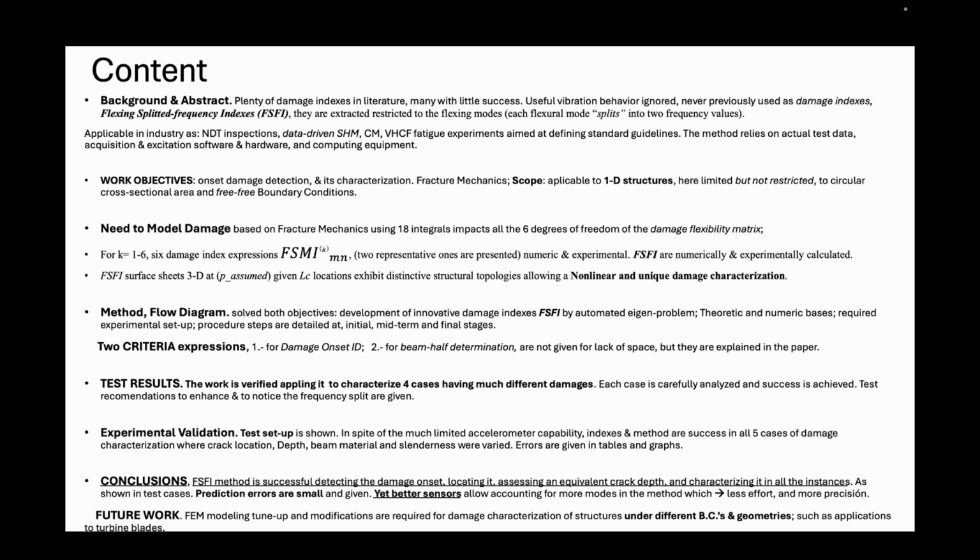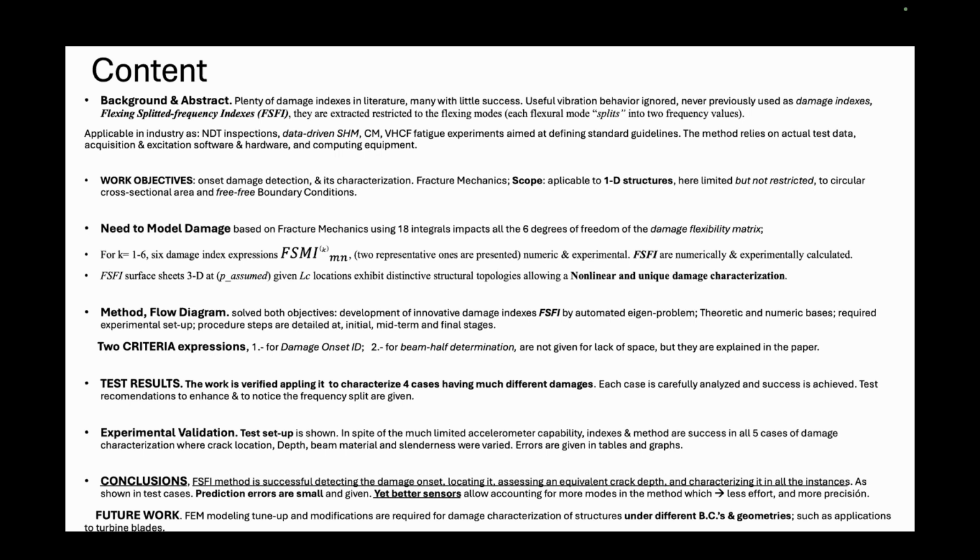Then once I found the location, there are two possibilities, where the beam and where the crack would be, exactly. So there are two methods that I use, and I use a criteria. Then I'm going to show some test results that I did in the laboratory and experimental validation on a table that I'm going to show the statistics of the test.